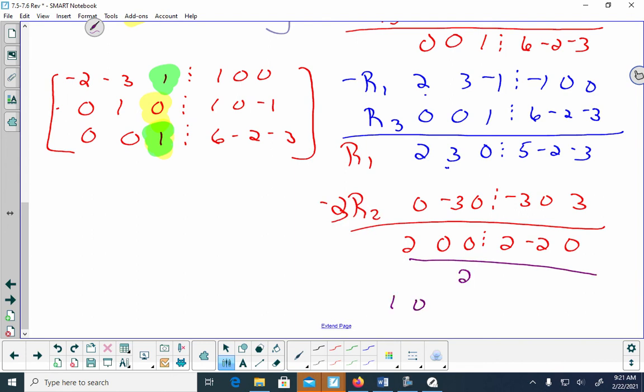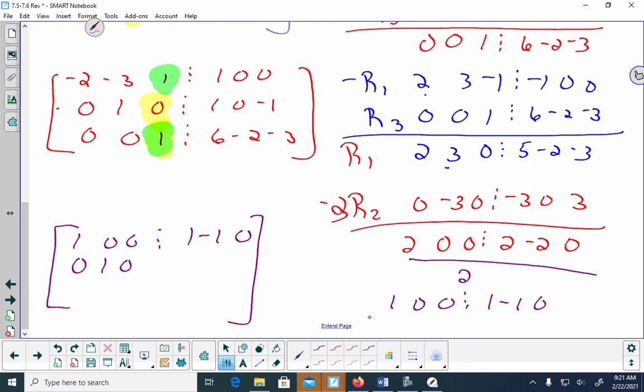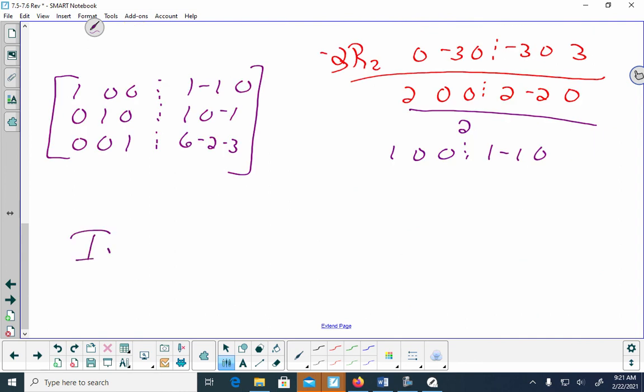I'm going to have 1, 0, 0, 1, negative 1, 0. So my inverse is going to be 1, negative 1, 0, 1, 0, negative 1, 6, negative 2, negative 3.